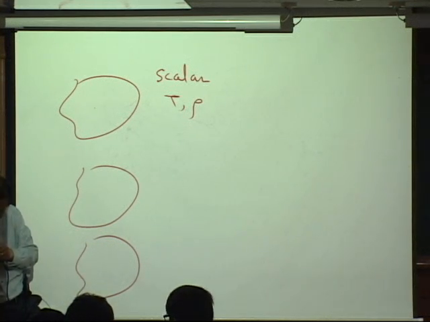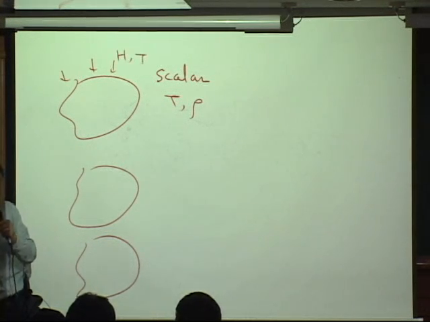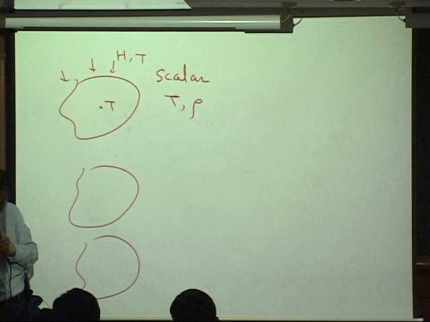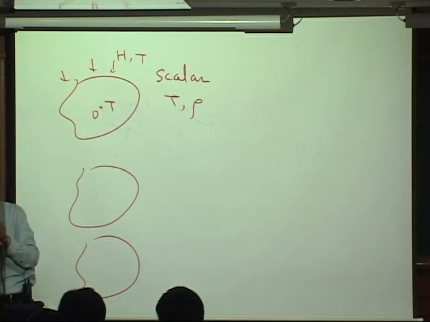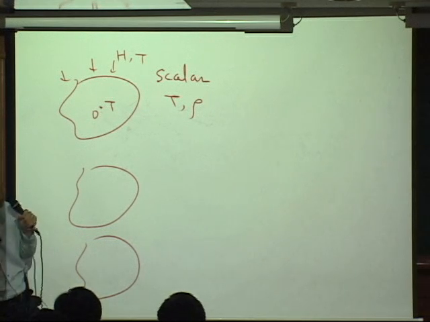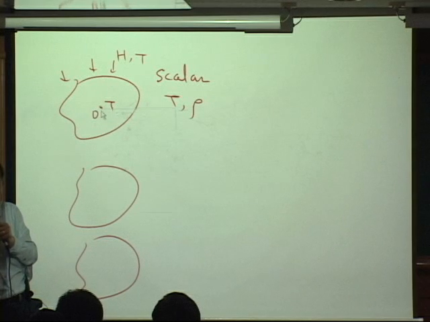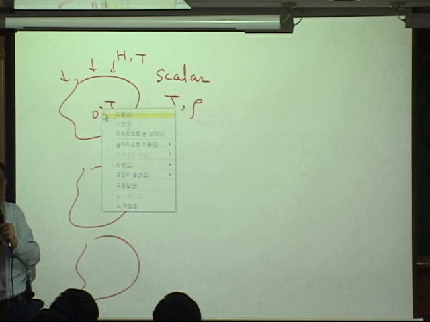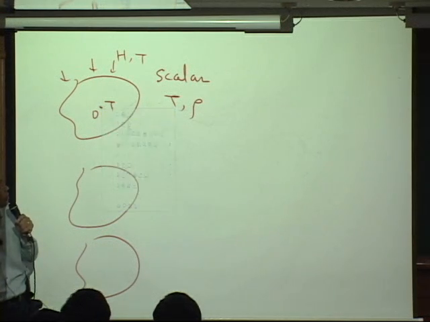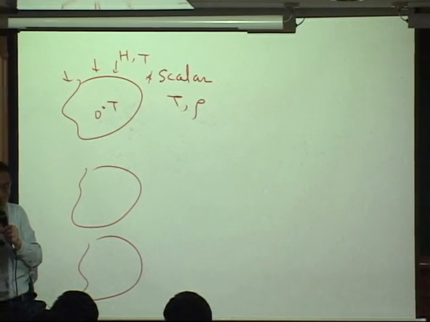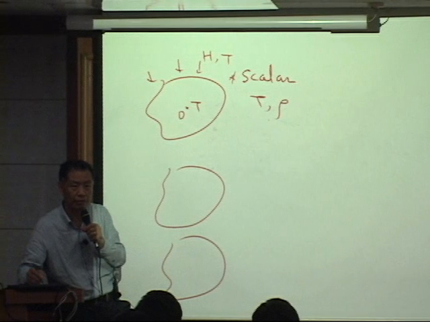For instance, let's say we apply some heat or external temperature, then this body will be heated, and at point O we will have some temperature. What is the temperature at this point? The answer will be just T, just one single value. That is called a scalar. Same for density. What is the density at this point O? We can just say rho, a value.